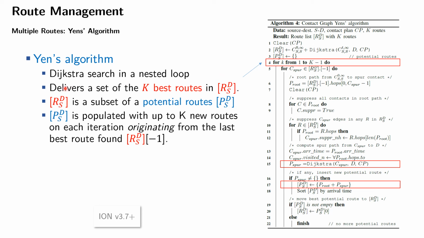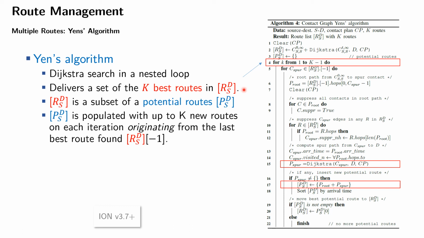Interestingly, this set of best routes is basically a subset of potential routes, a second list that is continuously populated by Yen's algorithm with up to k new routes on each iteration. Then at the end of that iteration, just the best route from these potential routes is taken out and added to the k best routes list R.